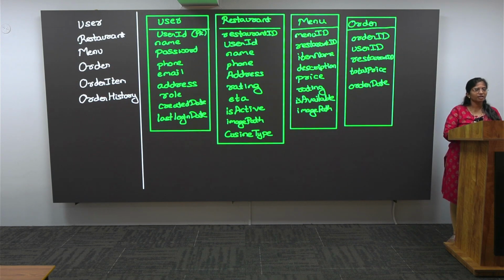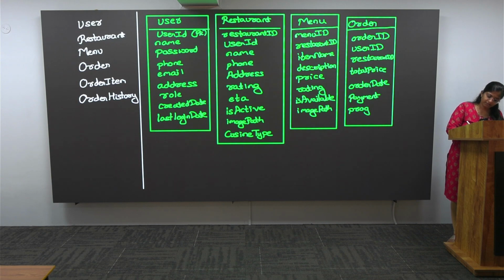payment, payment information you should have. So payment mode you can have over here. Is it an online transaction or cash on delivery, that you can mention over here. Next, you can have something like progress, status you can say, whether it is delivered.